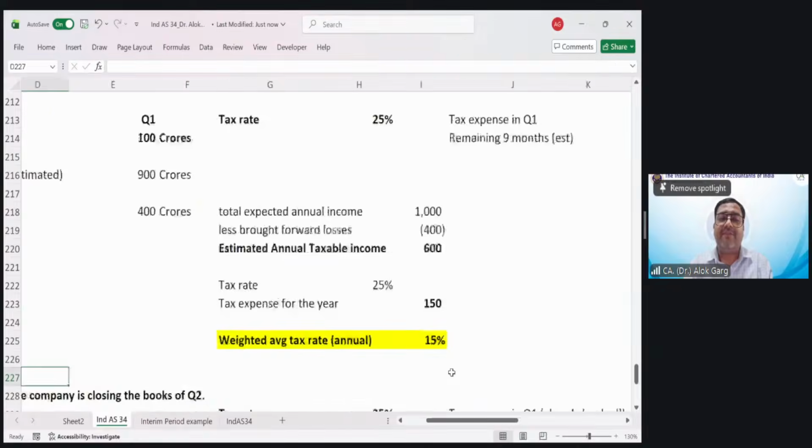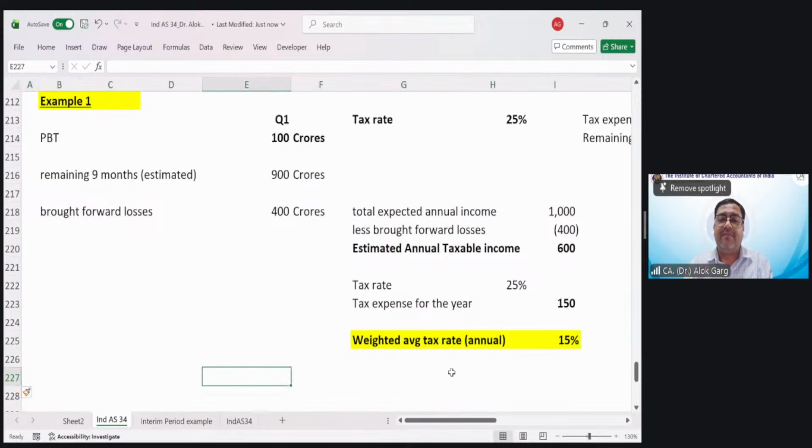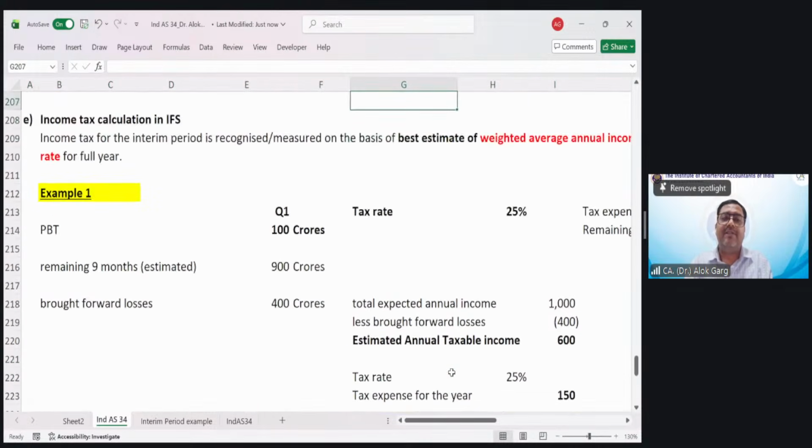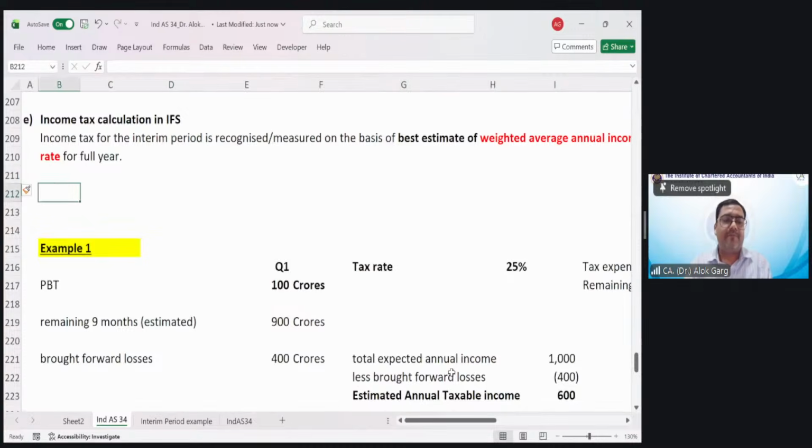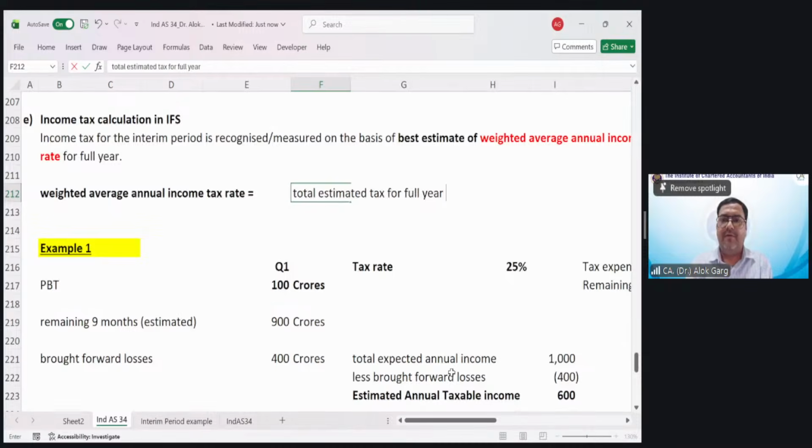What is my weighted average annual income tax rate? It is equal to total estimated tax for the full year divided by total estimated income for the full year.